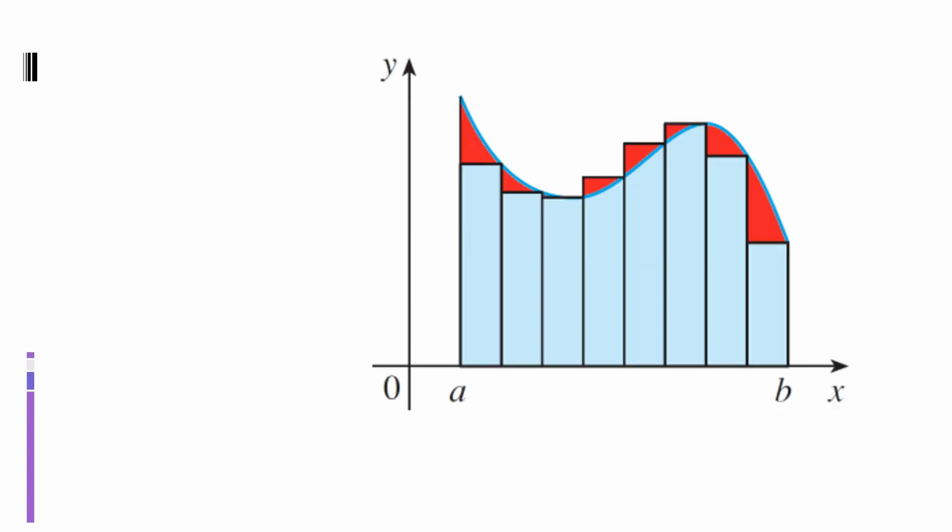So tulad ng sinabi natin dun sa ating previous lesson, this approximation gets better as the number of rectangles n increases without bound. Ibig sabihin nun, as n approaches infinity, yung ating area gets close to the exact measure.